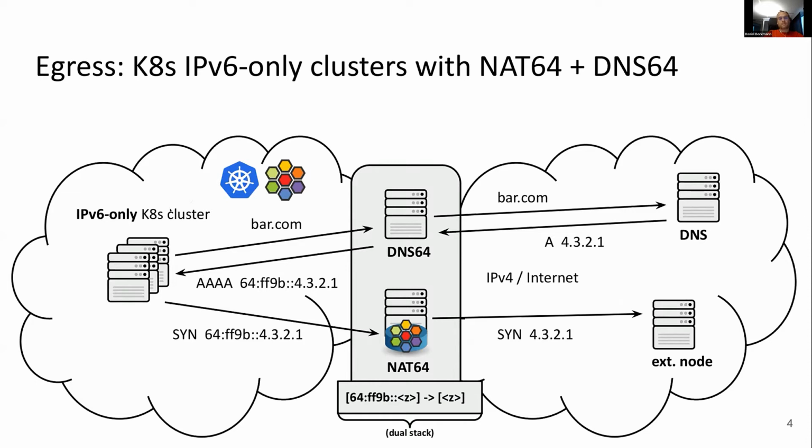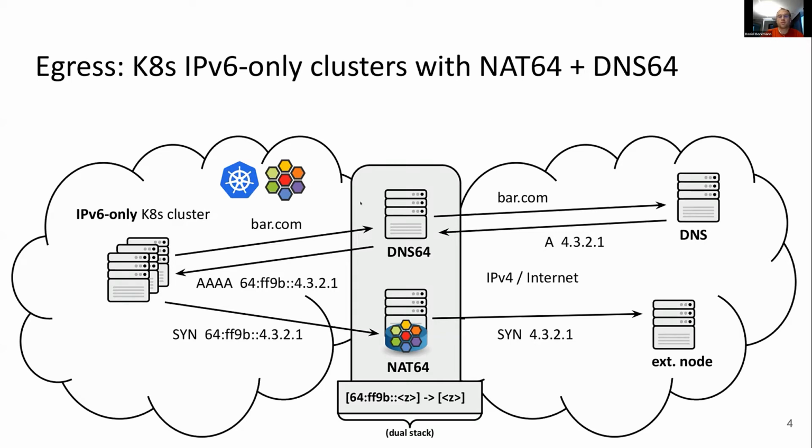Now the question is, how can IPv6-only nodes talk to the outside world, if, for example, their services or applications consume external services from external workloads? In order to be able to communicate, we would need NAT64 translation.